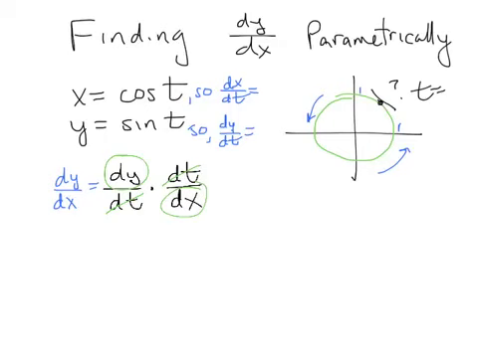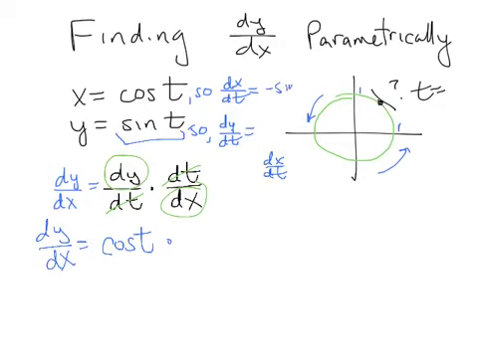So let's find dy dt. The derivative of sine t is cosine t. And then we're going to multiply by the reciprocal of dx dt. Now dx dt, I guess I could write it up here, is negative sine t.